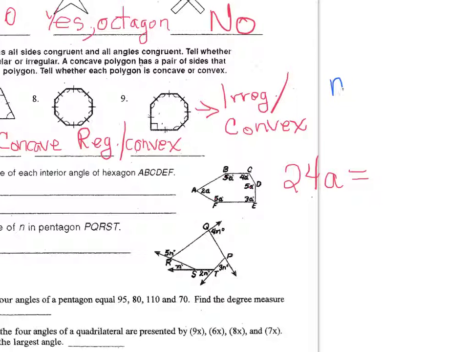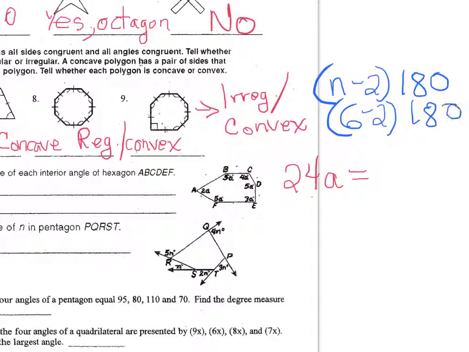I need to use the formula n minus 2 times 180, right? So how many sides in this polygon? 6. So it's 6 minus 2, 4 times 180, 720. So we add all the A's and that equals 720.